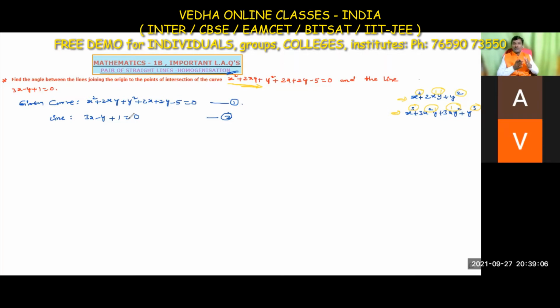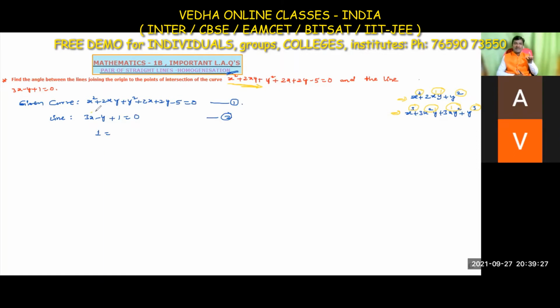If you want to homogenize, I am finding the value of 1 from equation 2. Either you can take 3x and minus y to that side, or otherwise 1 to this side. For making it easier, I am sending these two terms to that side.